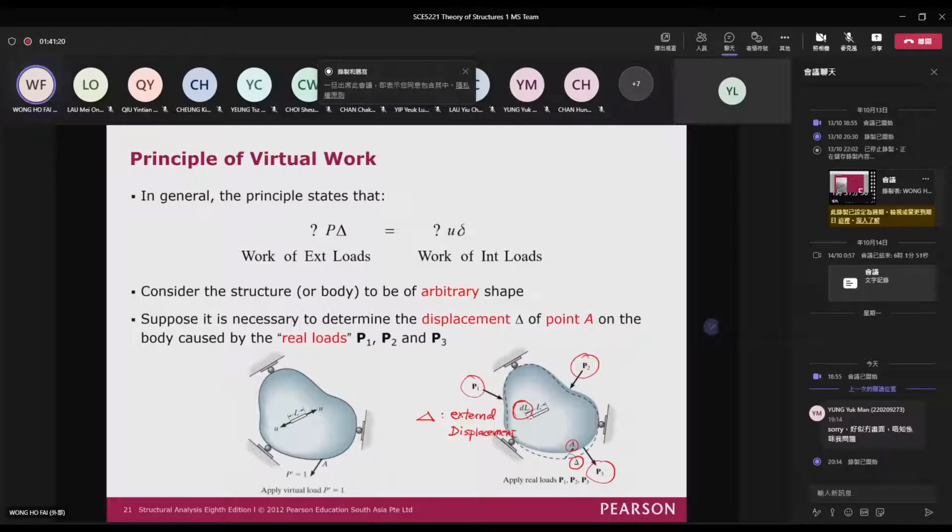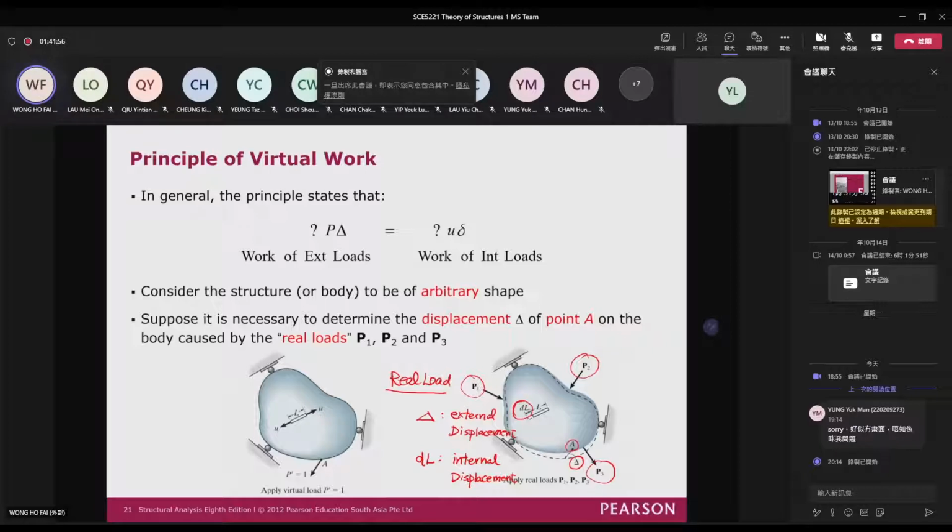At the same time, we will have internal deformation. So we will have external displacement and internal displacement. Both of them are caused by the real load.